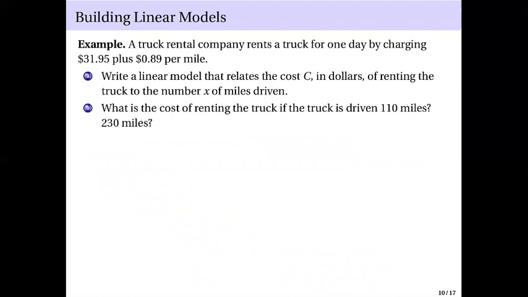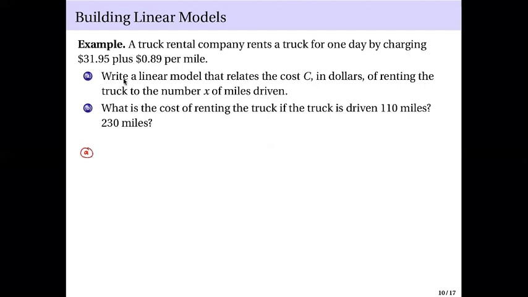Write a linear model that relates the cost C in dollars of renting the truck to the number X of miles driven. And then, what is the cost of renting the truck if the truck is driven 110 miles or if the truck is driven 230 miles?